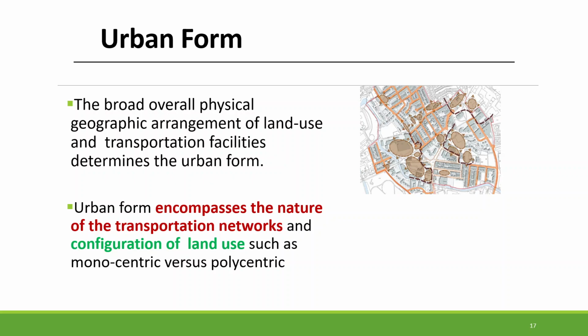Will it be monocentric, having only one downtown, or having multiple CBDs or nuclei, which will spring up all over the city? We'll talk about polycentric and monocentric in our coming sections.